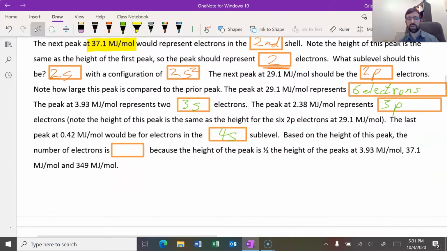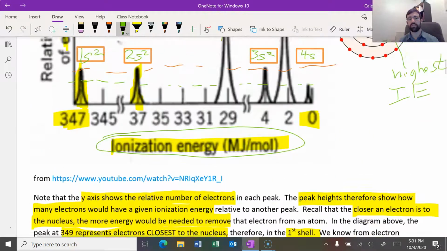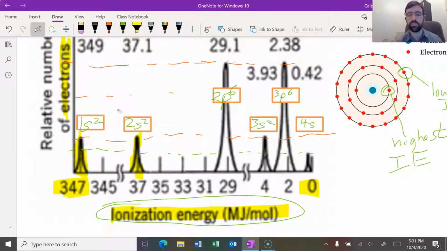So it's about half the height of all of those that were 2 electrons. The relative number of electrons was 2. So based on the height of this peak, the number of electrons must be 1, because it's half the height of the peaks at 3.93, 37.1, and 349 megajoules per mole. So it's half the height of 2, so this must be 4s1. And we could identify the element from that. 4s1 would be potassium. That would be K.